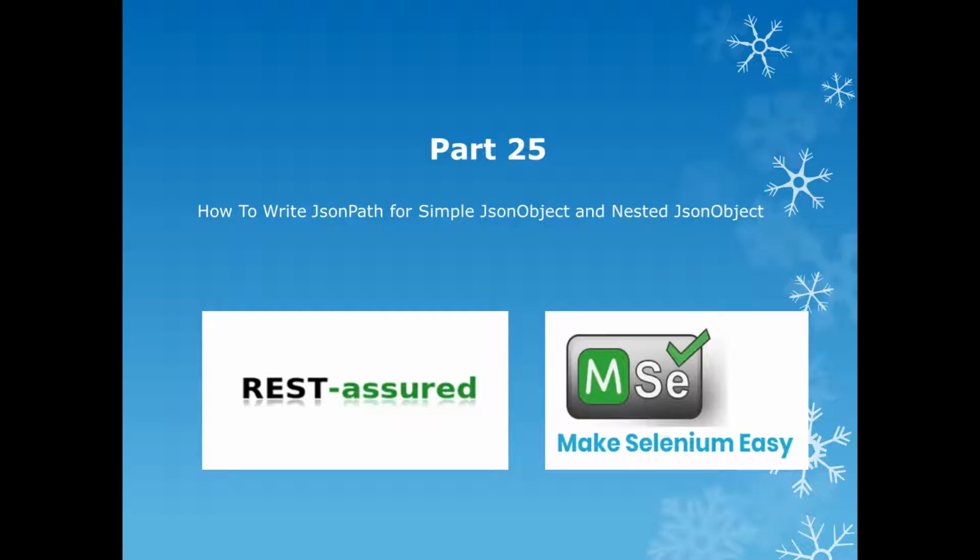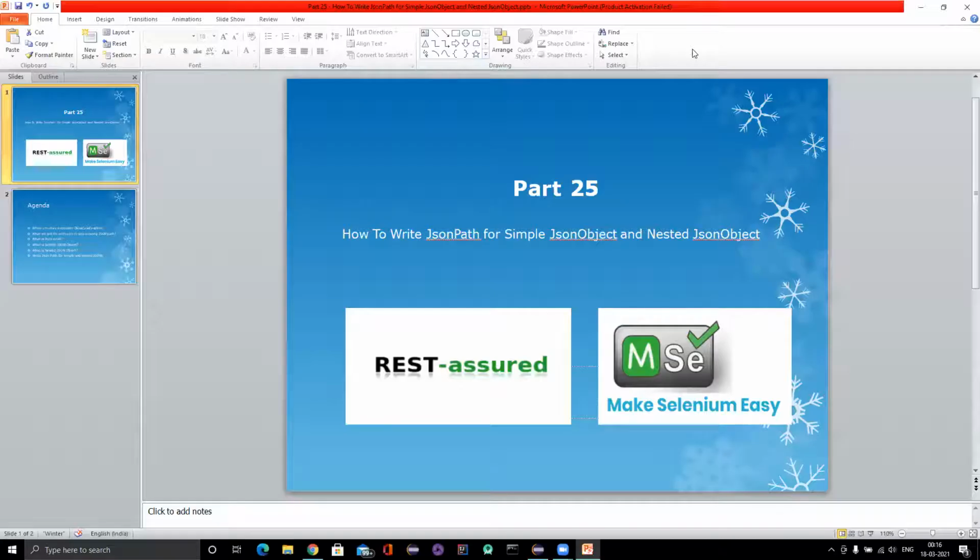So in simple terms, whenever we say simple JSON, suppose I am a person, or take a real-time example, any student. Every student will have some properties.